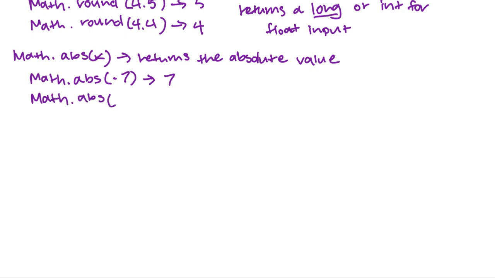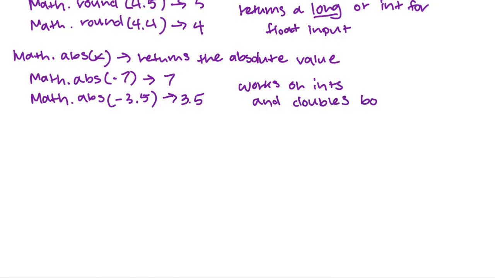If we had negative 3.5, that'll be 3.5. This one works on ints and doubles both.